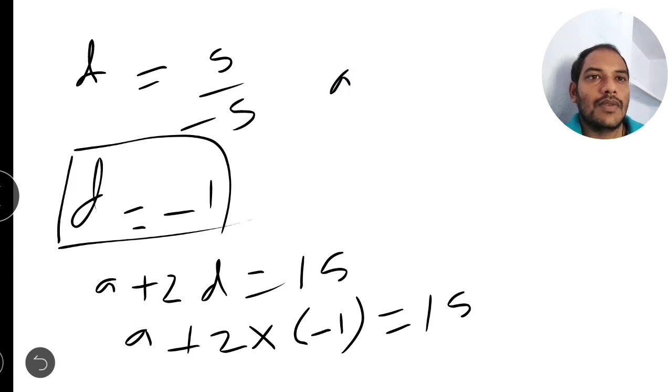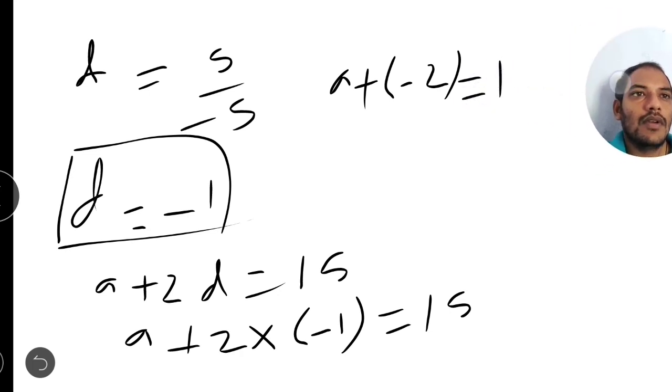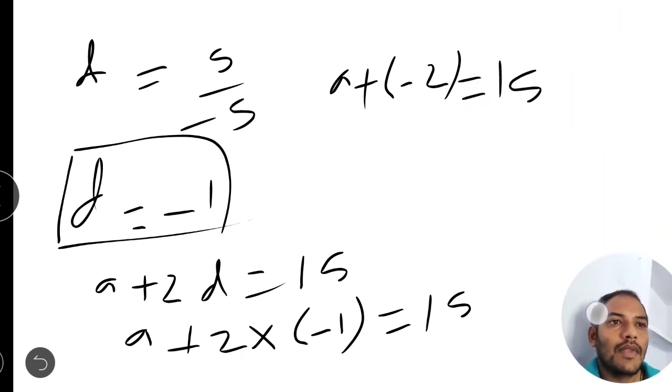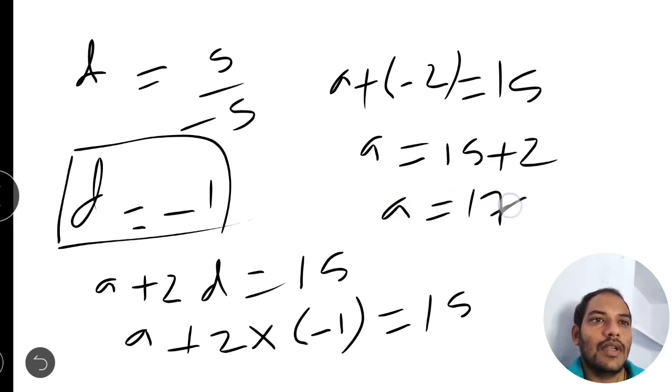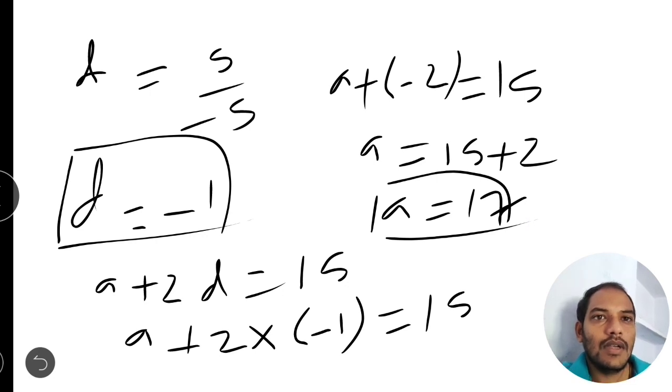A plus 2 into minus 1 is minus 2, equals 15. So A equals 15 plus 2, A equals 17. So A value is 17 and D value is minus 1.